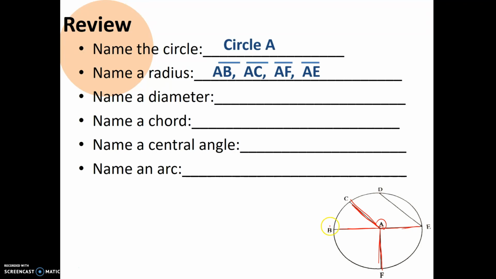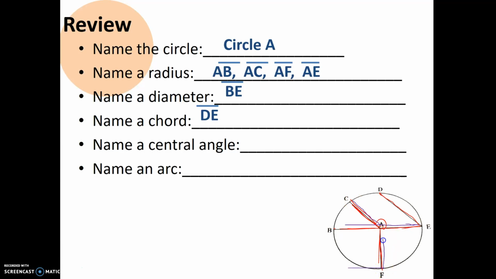If we want to name a diameter, there's only one. But there's one right here, line segment BE. We want to name a chord. There's one right here, line segment DE. And now let's name a central angle. And there are a few. There's one right here, angle CAE.